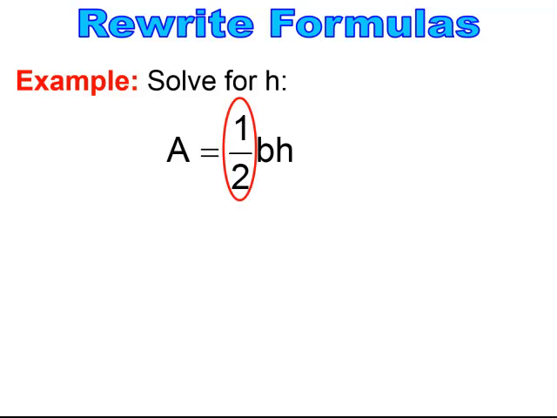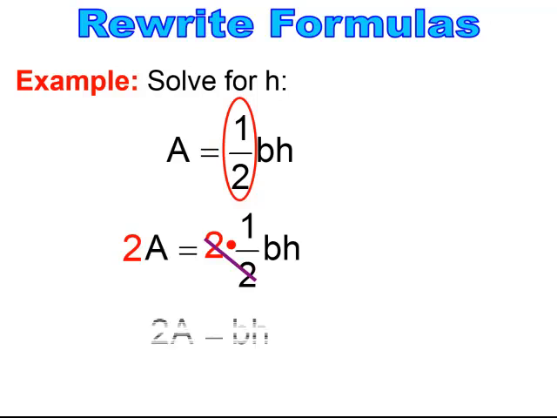Now in this case, the reciprocal of the fraction would be 2/1, which is simply 2. So the first thing we're going to do is multiply both sides by 2 to remove that fraction. Now remember that 2 needs to go in front of that capital A because it's a coefficient. So now we get 2 capital A equals bh.